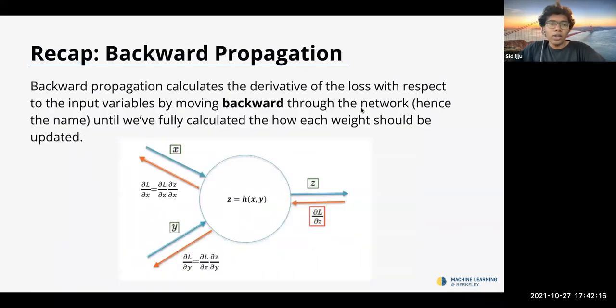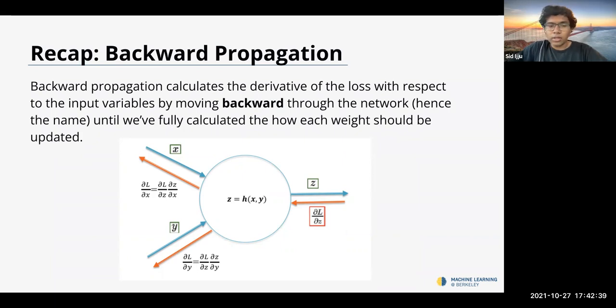We also covered backpropagation in week 5, which is essentially the way to calculate how every single weight in your neural network affects the loss, and how you can change those weights in order to decrease the loss as you train your neural network. The way you do this is you use the chain rule and move backwards through the network, hence the name backward propagation.